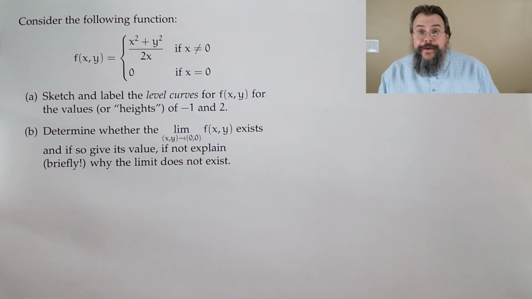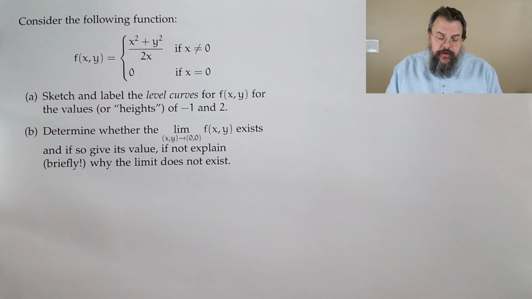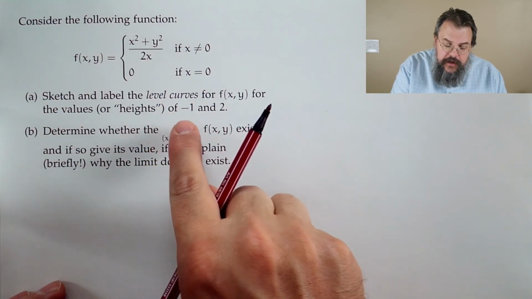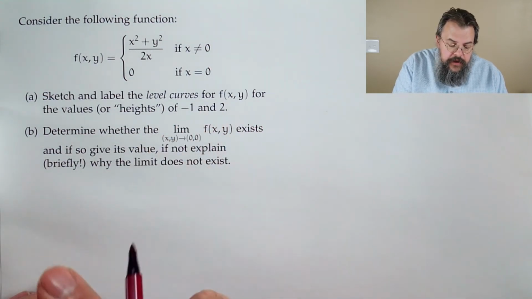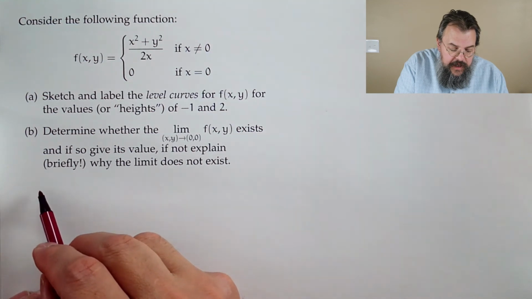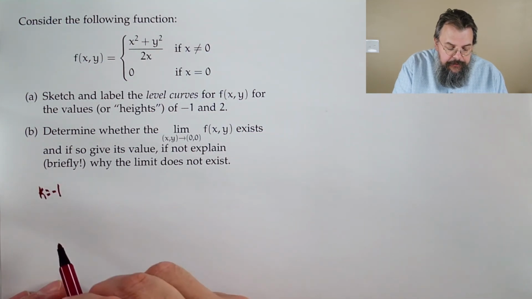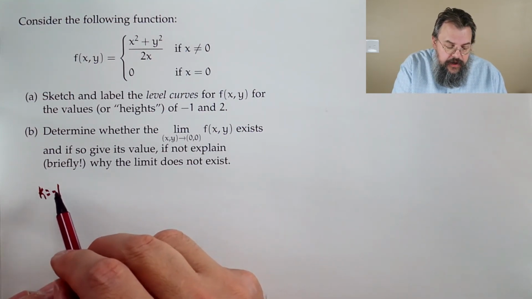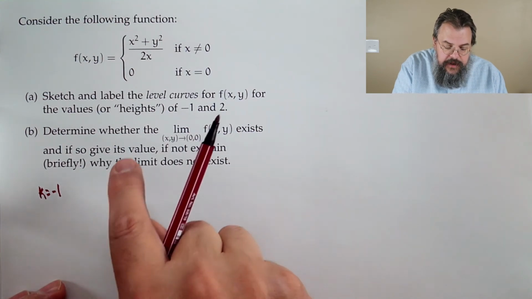All right, let's do part A first. So what happens here? Well, the way we do level curves is we set our function equal to the heights, right? So for example, at -1, so we can think of this as, say, a height. Sometimes we write k equals -1. Really, that's saying set your function equal to -1.